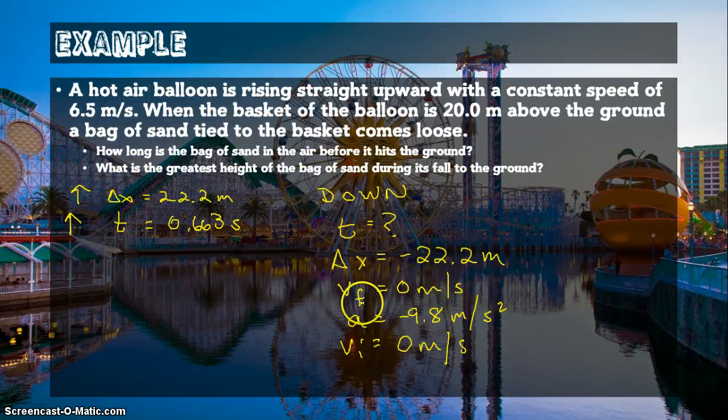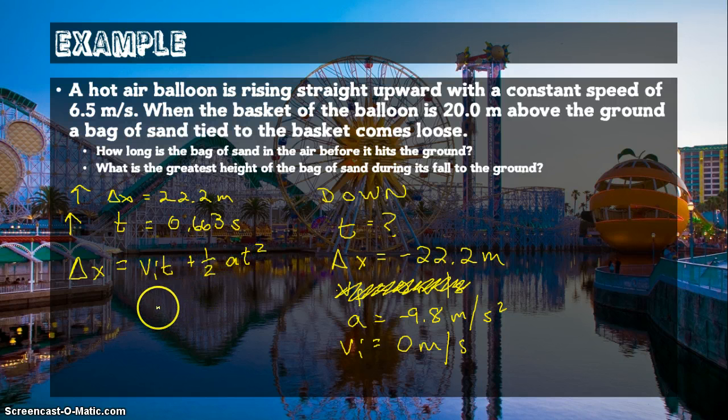I misstated my final velocity up here. Initial velocity is what actually equals 0 meters per second as it's traveling down. Final velocity we don't know yet, but that's okay, because we can use delta x equals Vi t plus 1/2 a t squared.